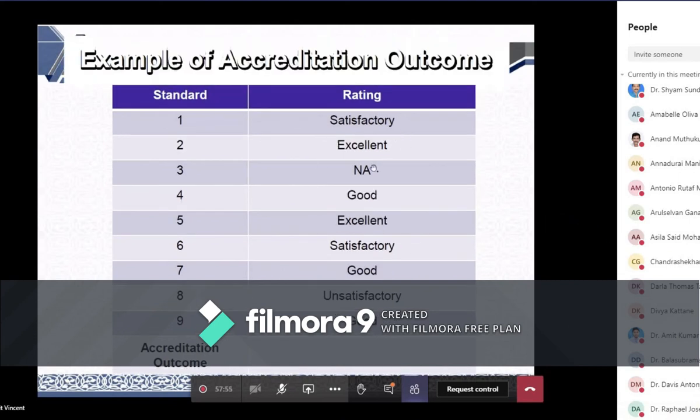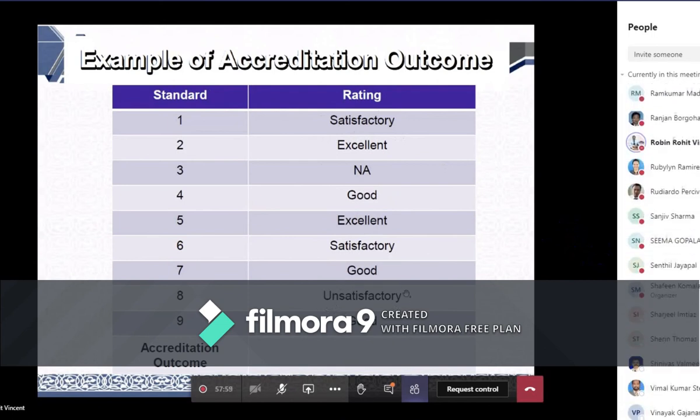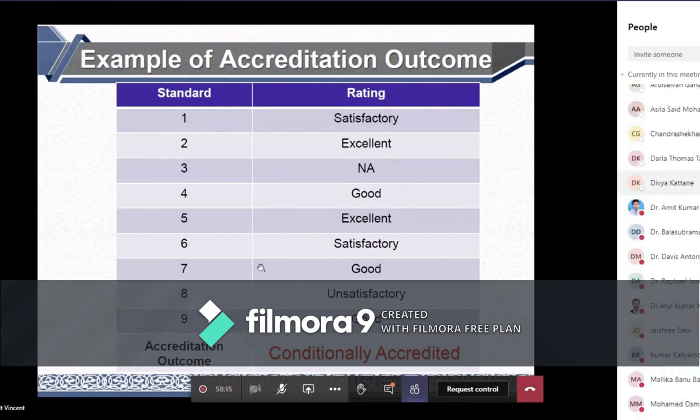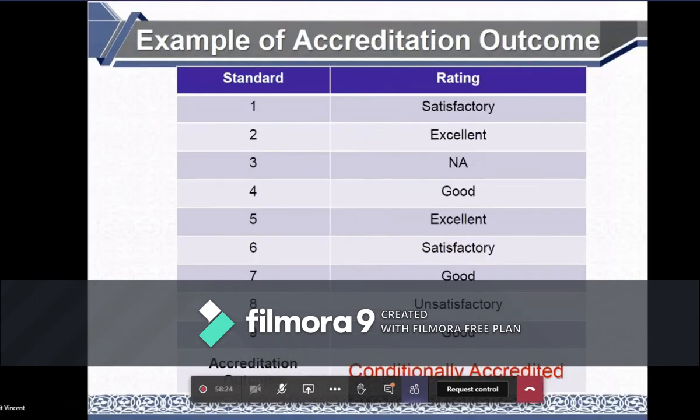I have satisfactory in some, I have excellent, I have unsatisfactory in one standard, because the criteria had some 0s or 1s. So you're going to be conditionally accredited because your criteria failed to address certain things. So your criteria failed, that boils down to your committees failed at some point of time. And the committees, again, it boils down to the processes and systems that are in place in the department.